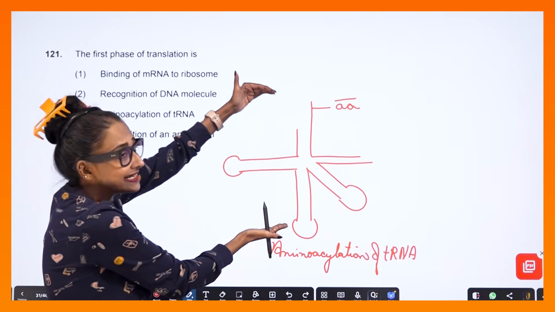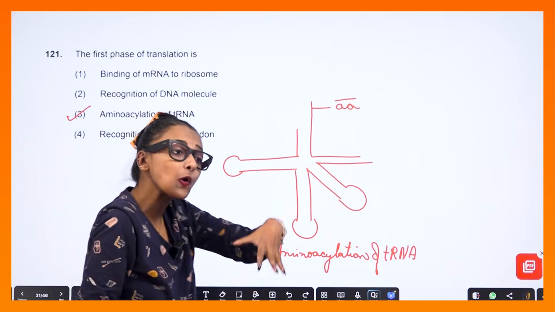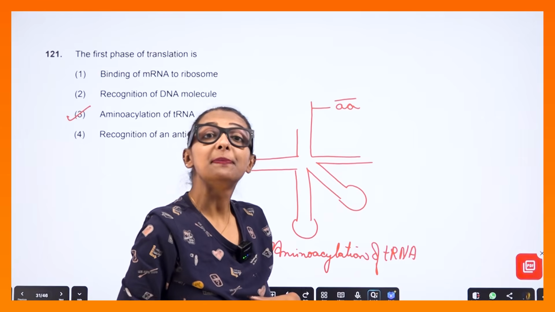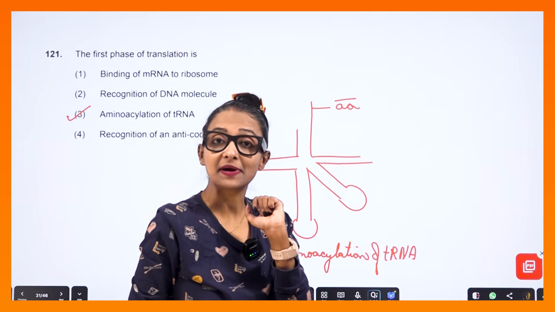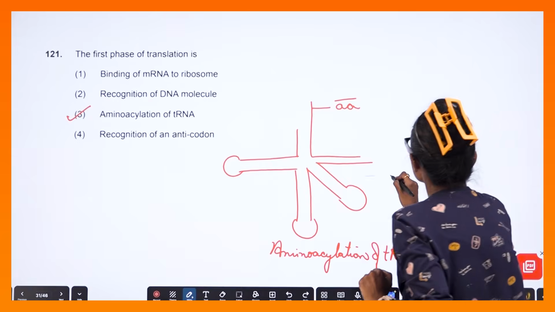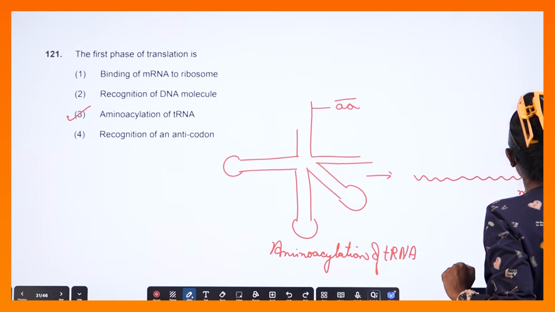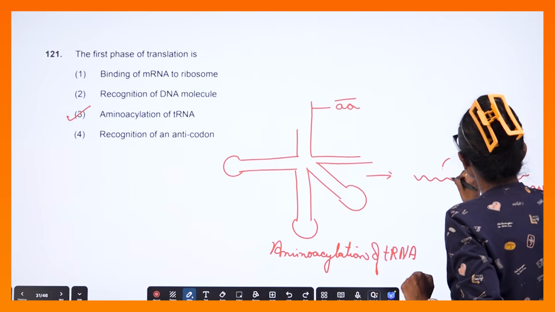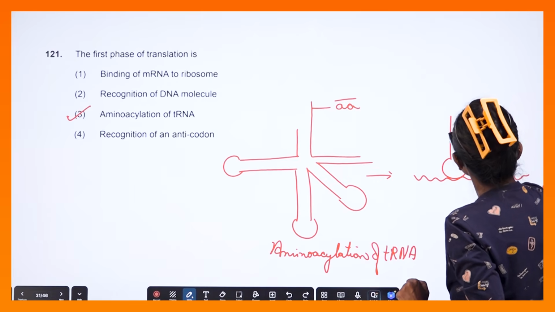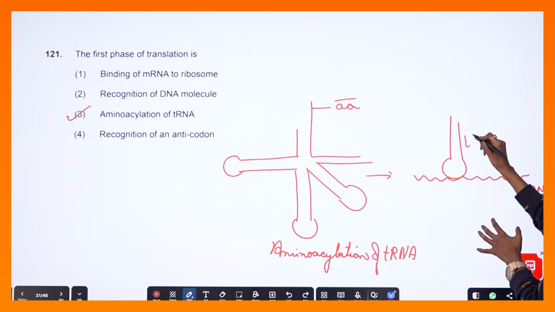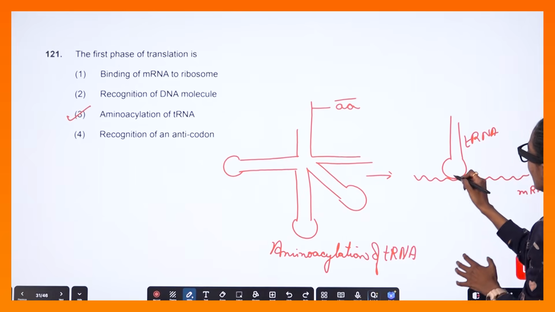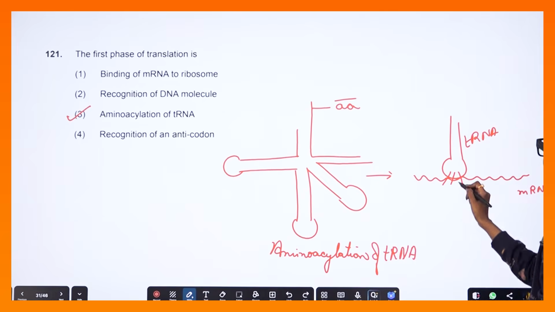After that, this entire thing will go and bind to the codon on mRNA. Am I right? Suppose this is the mRNA. So now the tRNA is going to sit on it and it is going to bind with the codon here.